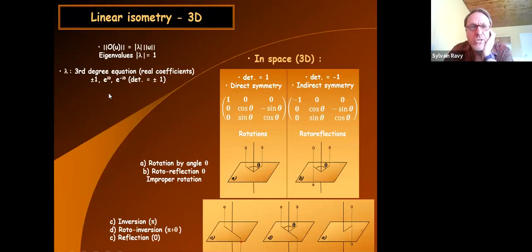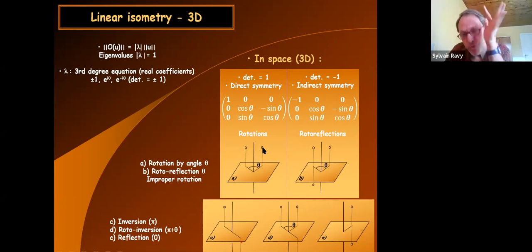So in 3D, it's a little bit more tricky. You still have two types of isometries, the direct ones, which are again the rotations about an axis in 3D. In this sketch here, you can see a vertical axis.